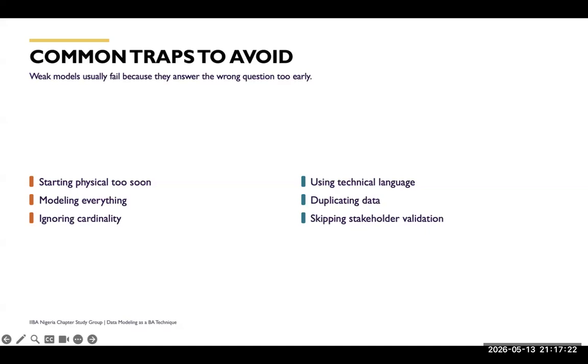Starting physical too soon turns a BA conversation into a database conversation before even the business meaning is stable. You need to have that shared understanding of what the business meaning is, what the entities are. Sometimes it's helpful to start from a top-down approach. It depends.